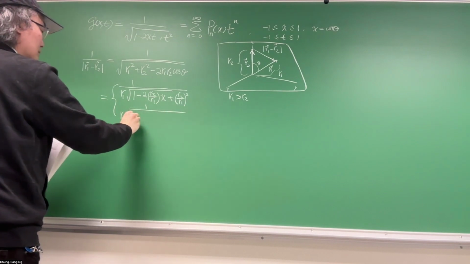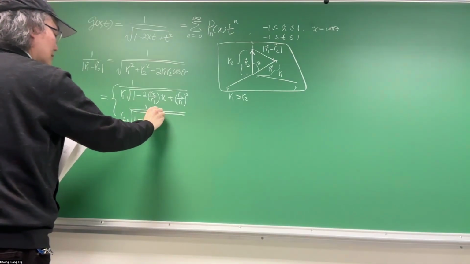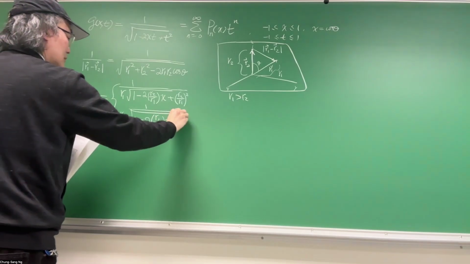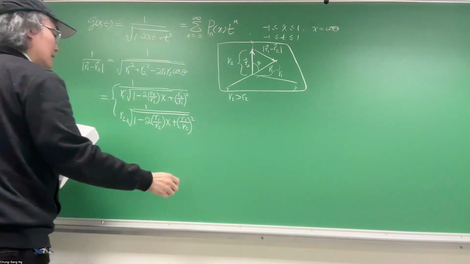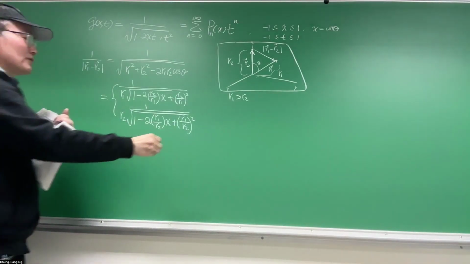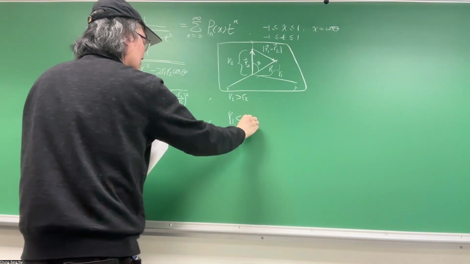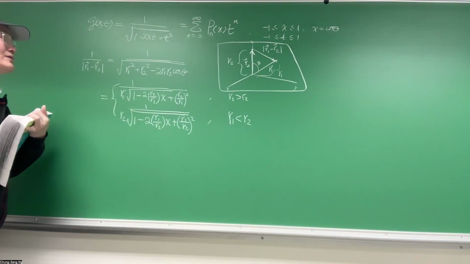Pull out R2, 1 minus 2, and now R1 over R2, x plus R1 over R2 squared. Right? This is for R1 less than R2. It's okay.